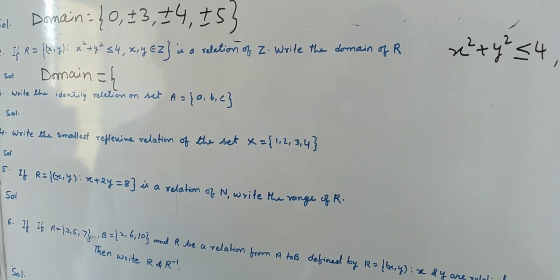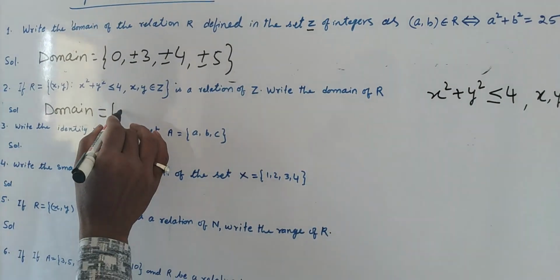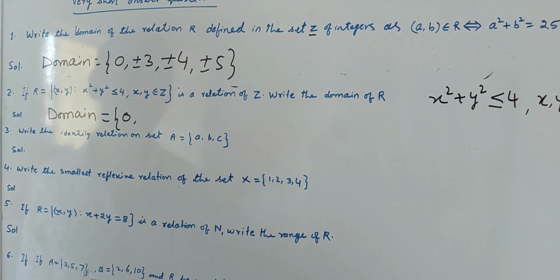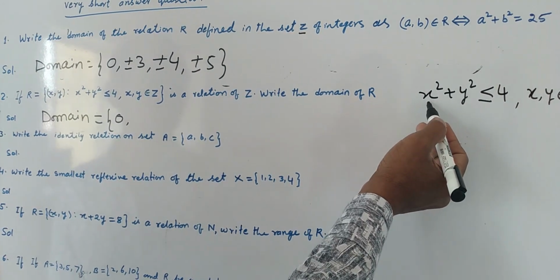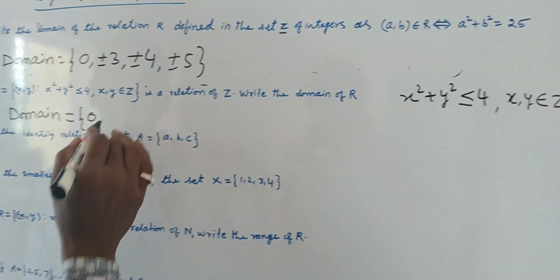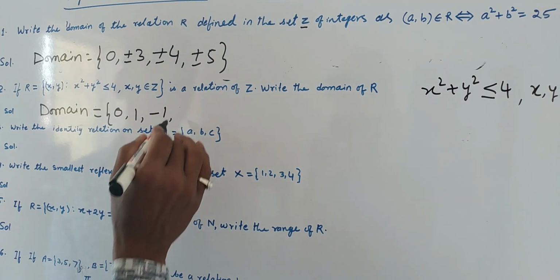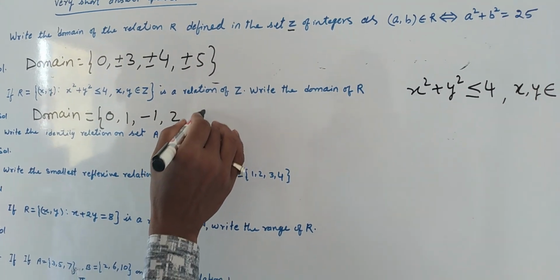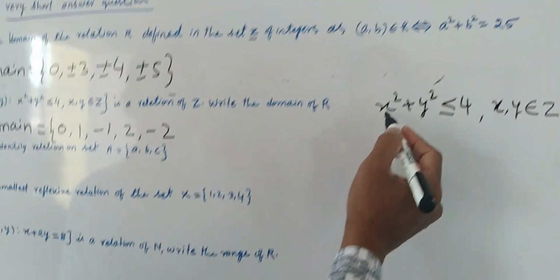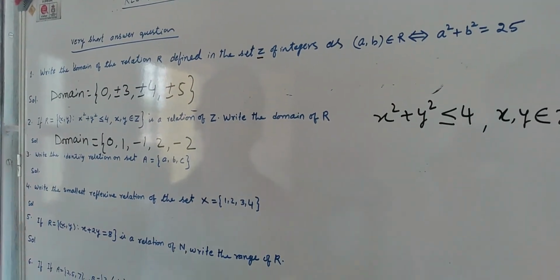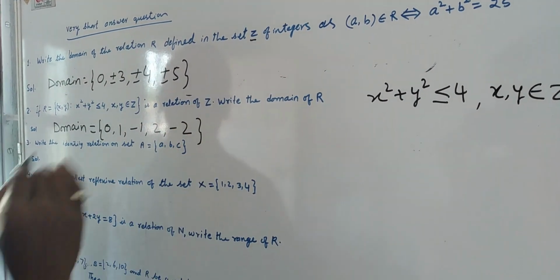You can put 0, then 1, 0, 2. So 0 is the first member of the domain, and 1 also you can put. If 1 is there, then minus 1 will also satisfy. If 2, then minus 2. I think there is no other integer which satisfies this inequality except these. So this is your domain.